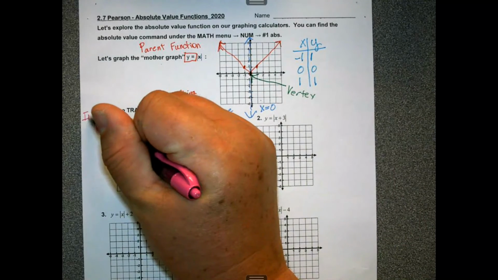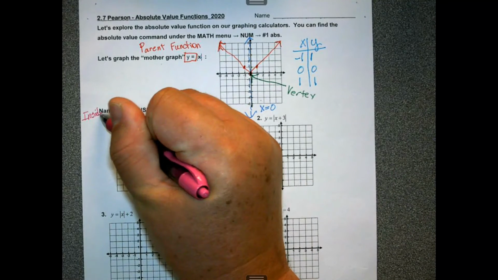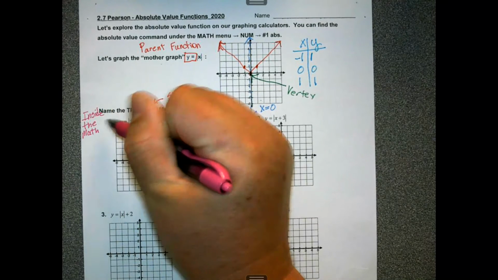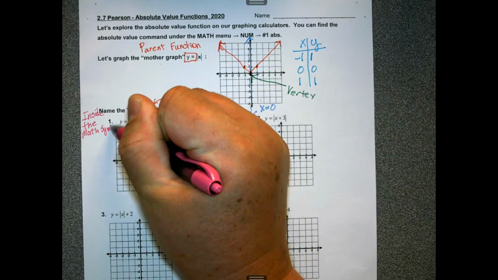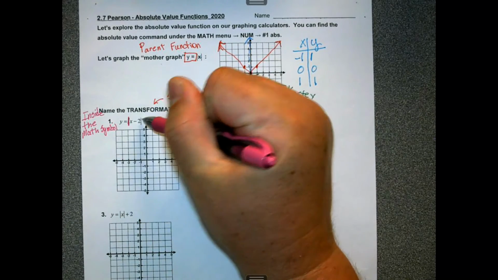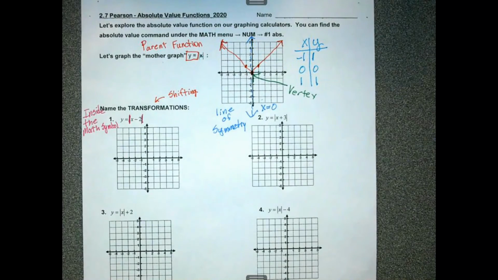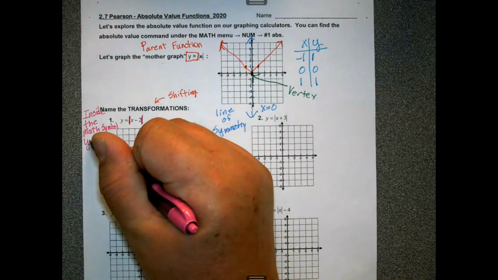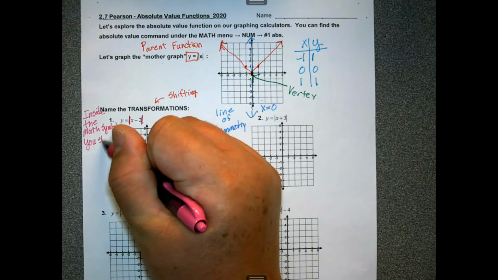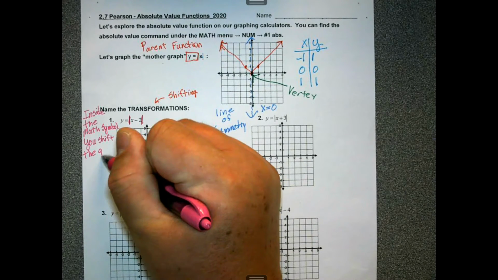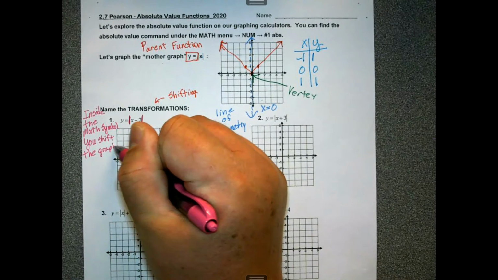Inside the math symbol, okay, our math symbol happens to be our absolute value, right? For this particular function, that's our math symbol. We're going to shift the graph left or right.